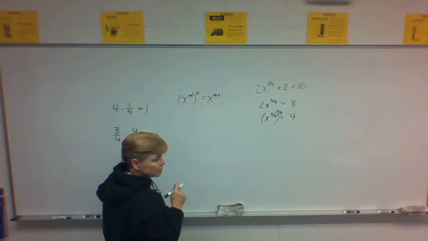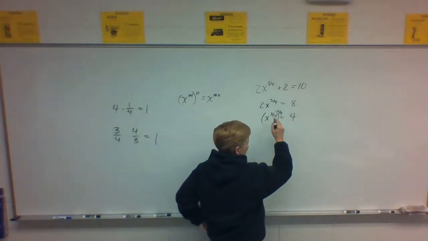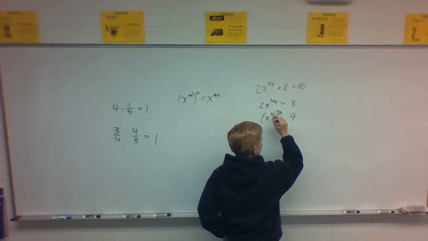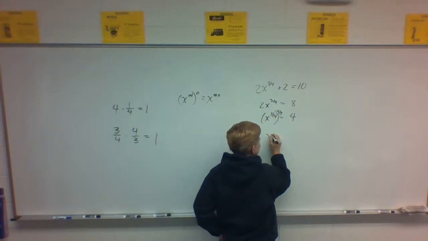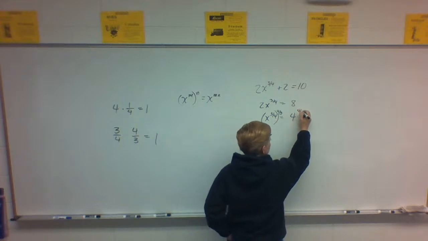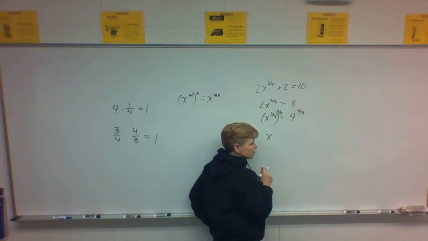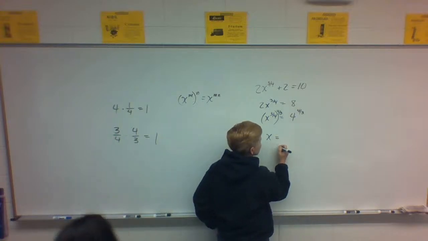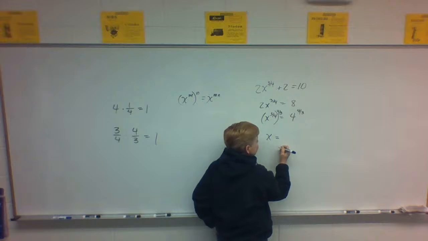And when I power a power, I multiply the powers, and that would be 12 over 12, which is 1. That just gives me x. But what you do to one side, you got to do to the other. And we get, I don't know what that is. I don't know what the cube root of 4 is.